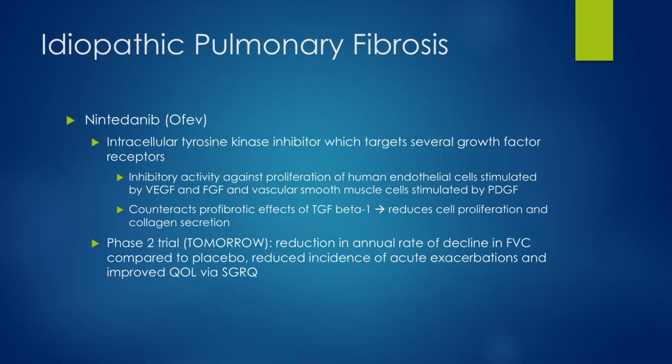We had somebody on OFEV doing really well who needed a lung transplant and was on the list at Pittsburgh, but they made him stop the OFEV as he was getting closer to being listed. He completely decompensated once he was off and died at Pitt, intubated while waiting for the lung transplant. So I'm still nervous: if I really think somebody is going to be a transplant candidate, they're younger, I may go with Esbriet just in case.